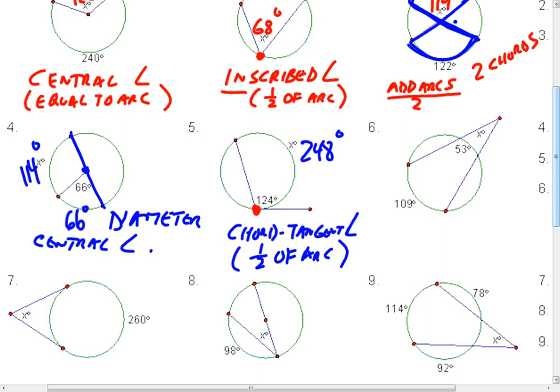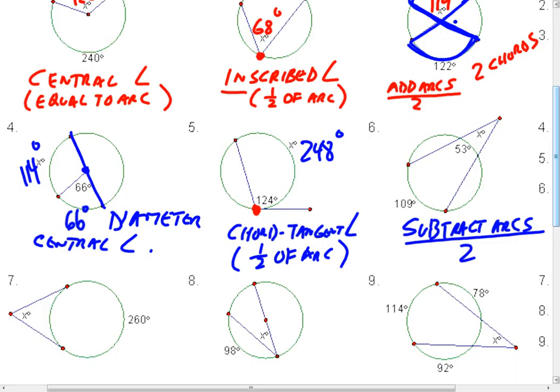Number 6, where is the angle, inside or outside? Outside. What's the overriding rule when you've got an exterior angle that's formed by some sort of combination of tangents and or secants? You subtract the arcs and divide it by 2. Subtract arcs, divide by 2.